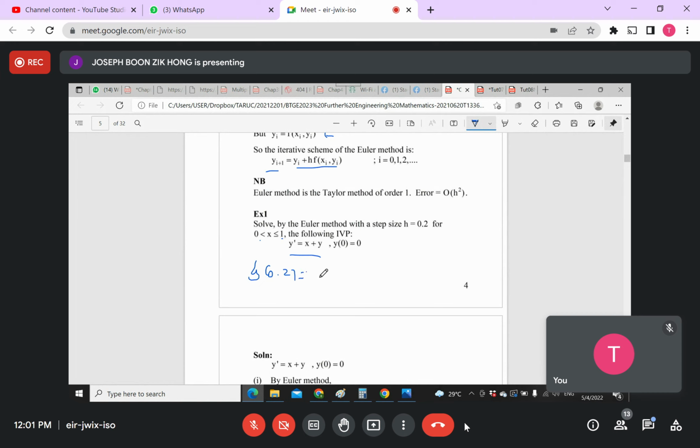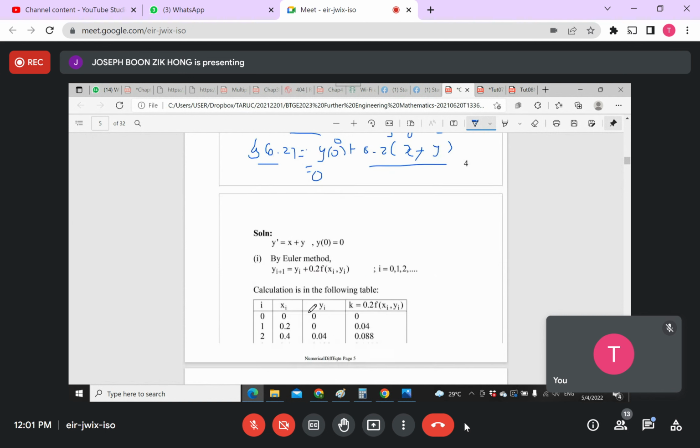According to the formula, y 0.2 will be y0 plus my step, which is 0.2, times x plus y. When x is 0 and y is 0, this whole thing will be 0. And y0 is 0. So your y 0.2 is also equal to 0.